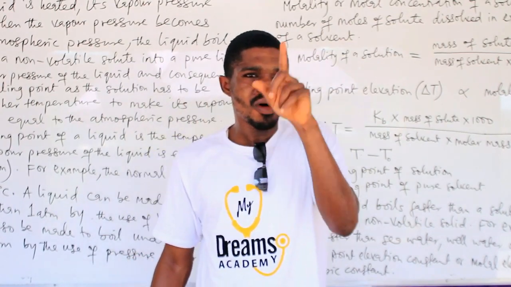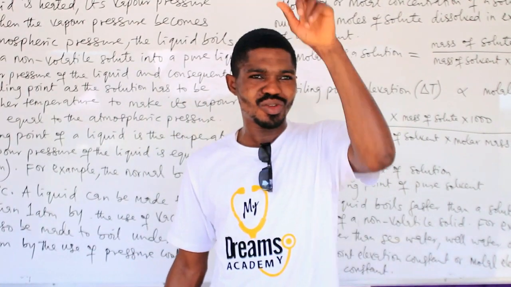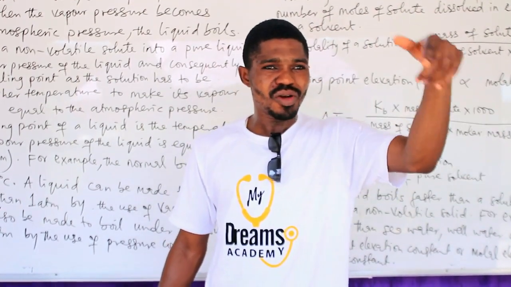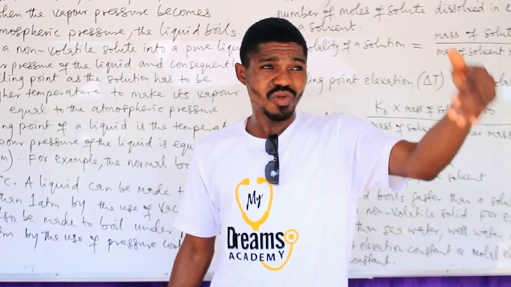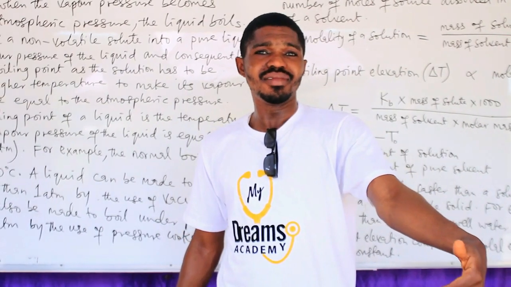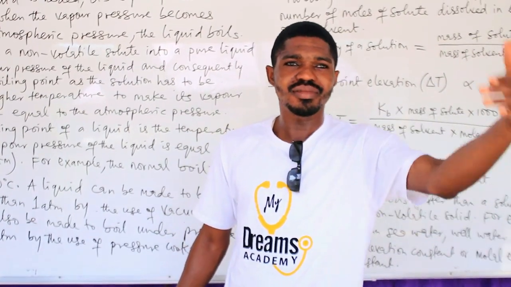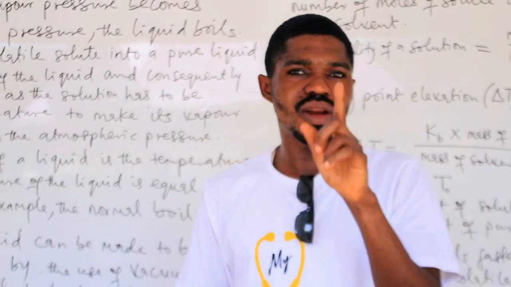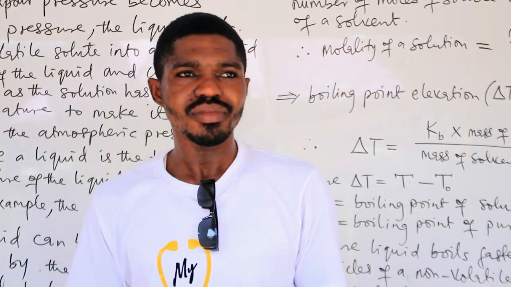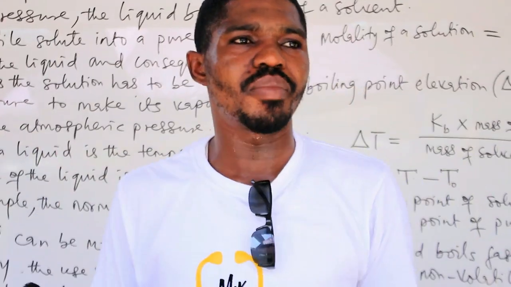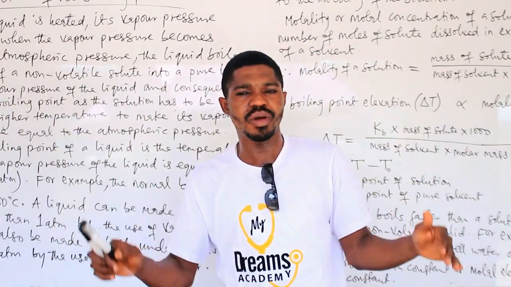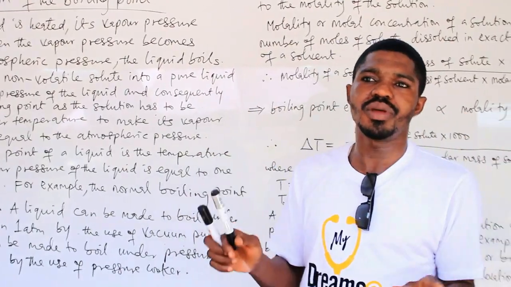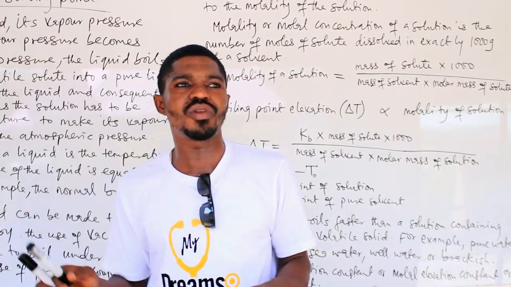A pure liquid will boil faster than a solution that contains a non-volatile solute, and the same pure liquid will boil later than a liquid that contains a volatile solute. Please take note of that. So we have the normal boiling point, which is the boiling point when the vapor pressure of a liquid is exactly 1 atm, that is, 1 atmosphere.